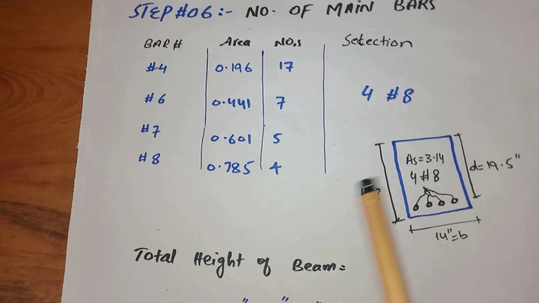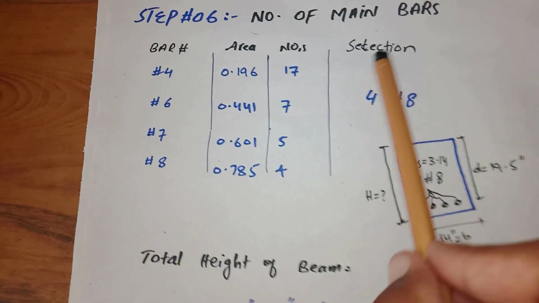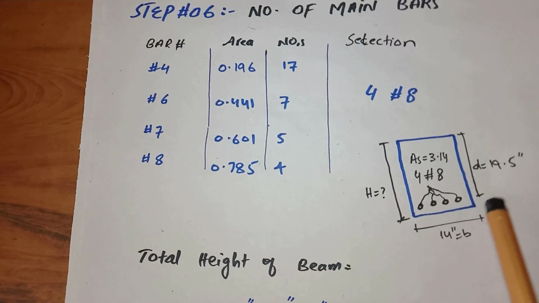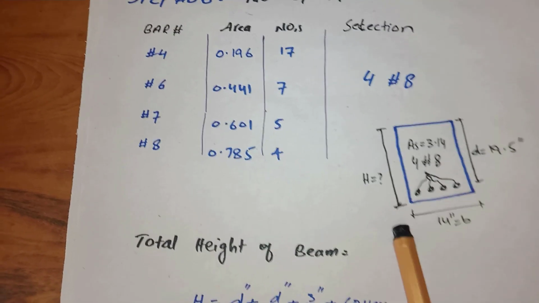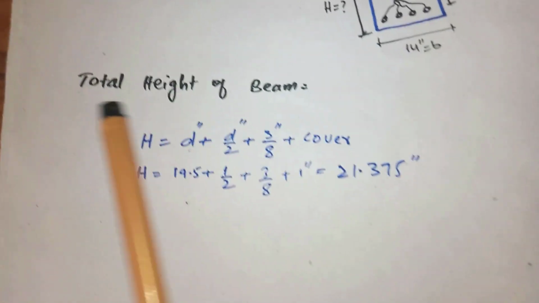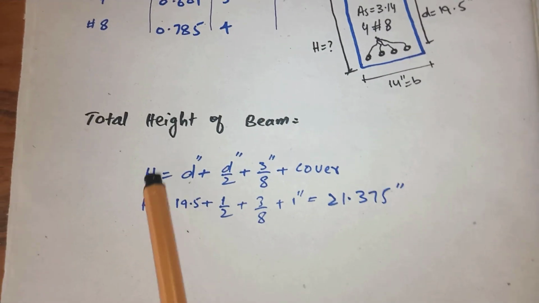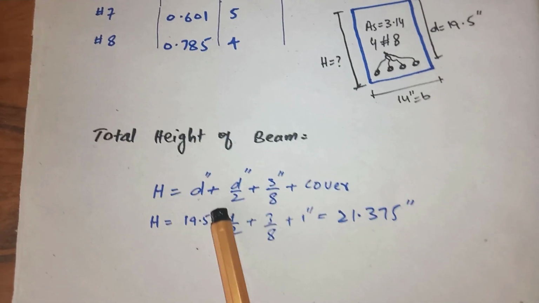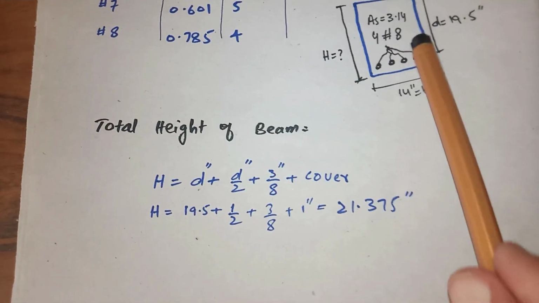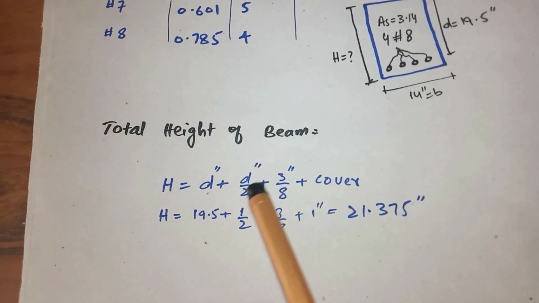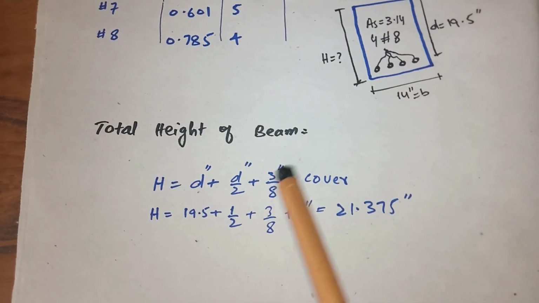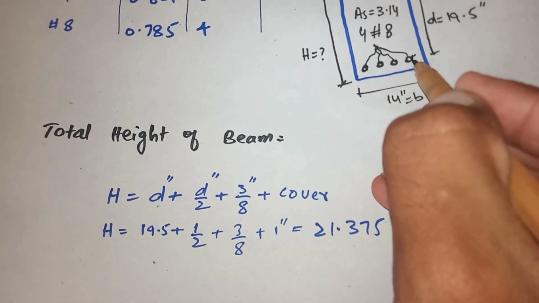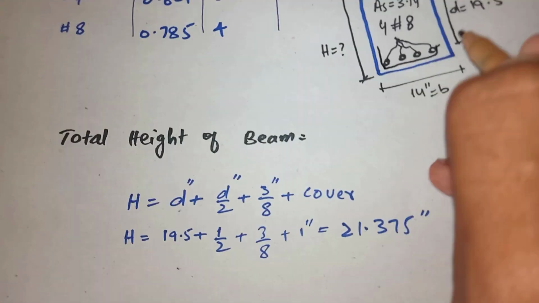So dear friends, as far as we have calculated the number of bars in this section, we can calculate the total height of the beam. How? We can calculate this from this formula. So total height will be d in inches, that is the effective depth, plus the dia of the bar that is to be used here divided by 2, plus 3 by 8. 3 by 8 is basically because we need shear reinforcement to capture this one.